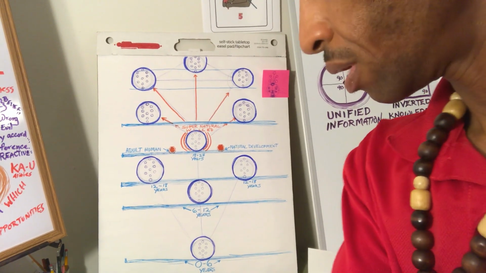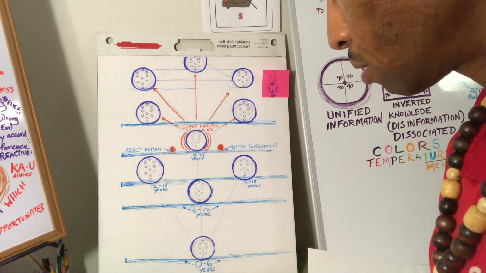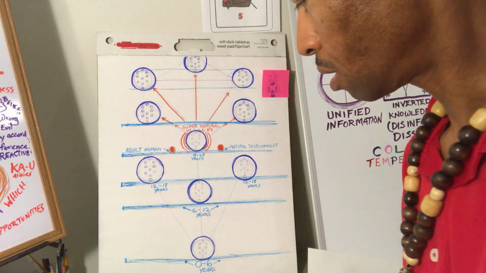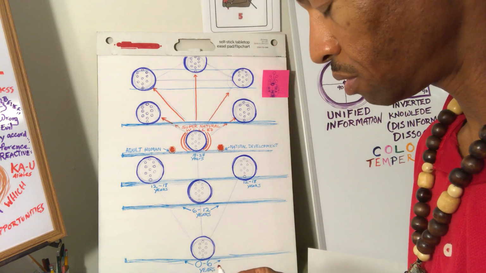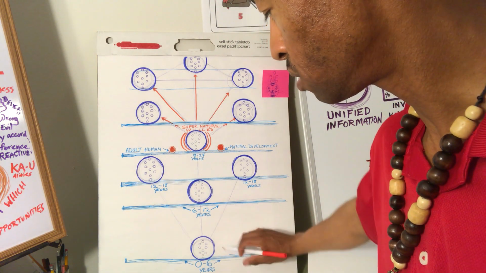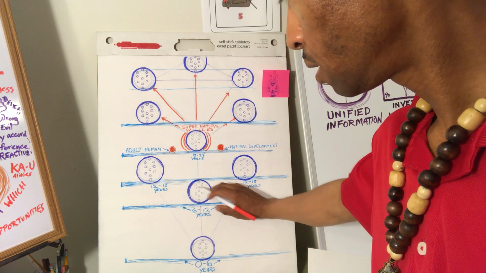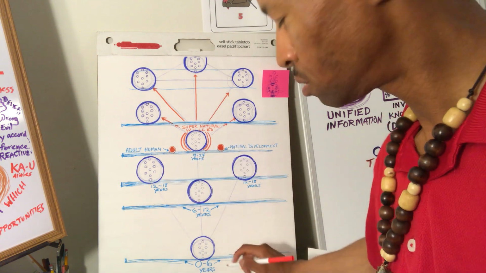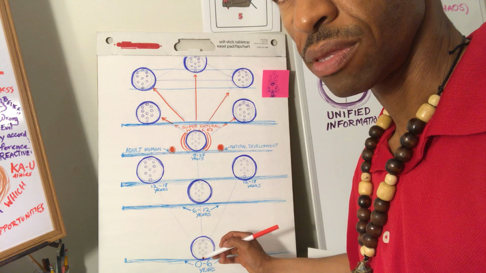All right, and we have to think in terms of the youth. And remember each one of the planes of consciousness, from plane 10, 9, 8, 7, 6, each one of these has a tree of life in them.